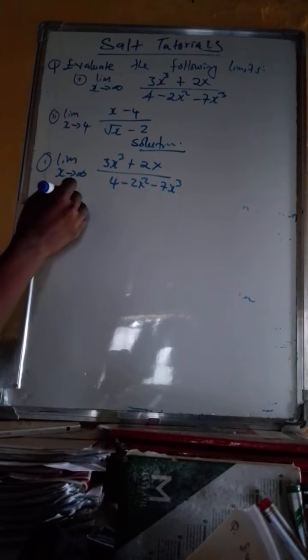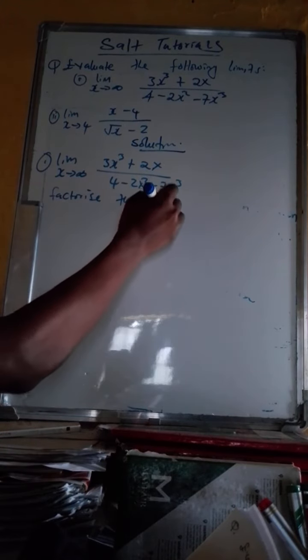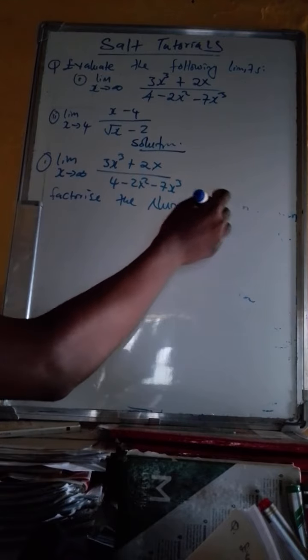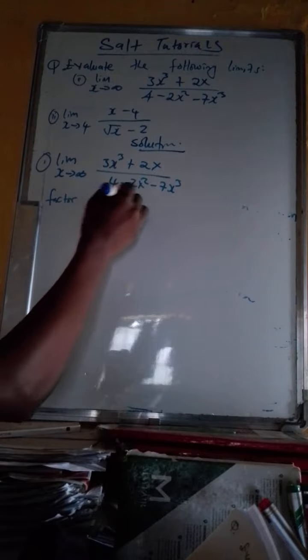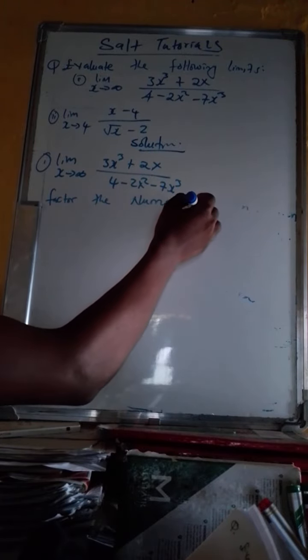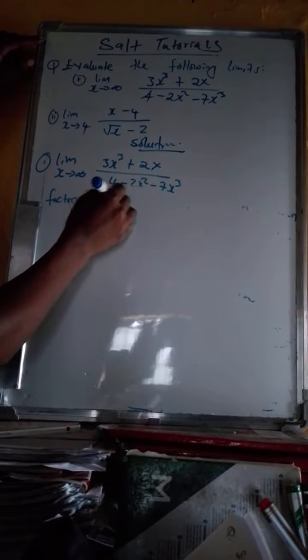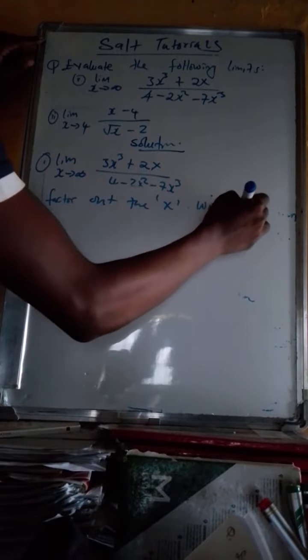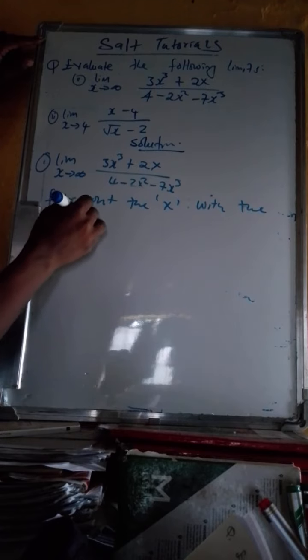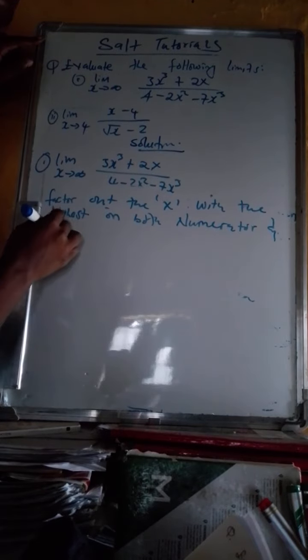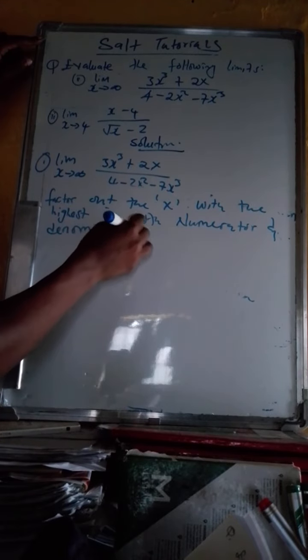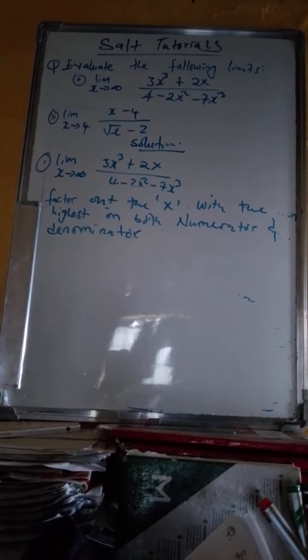So factor the numerator, factor out the x with the highest power on both the numerator and the denominator. That's your first task to do.